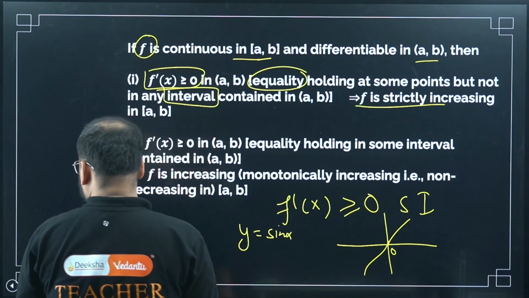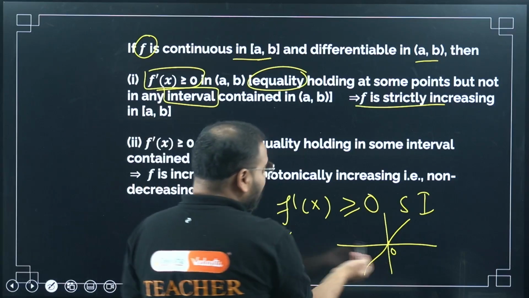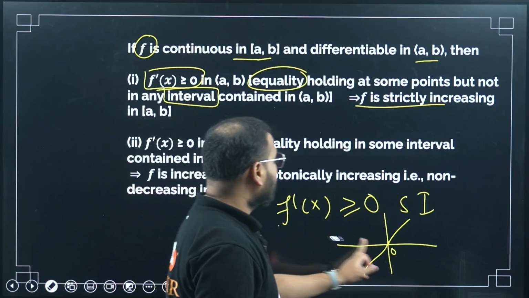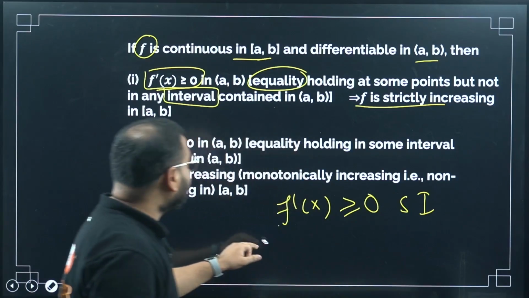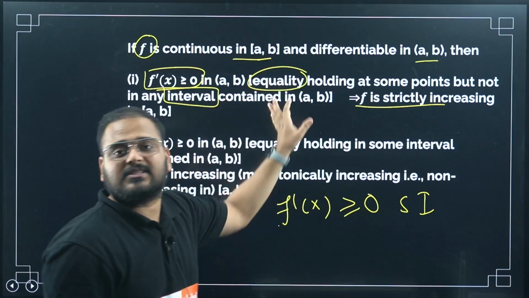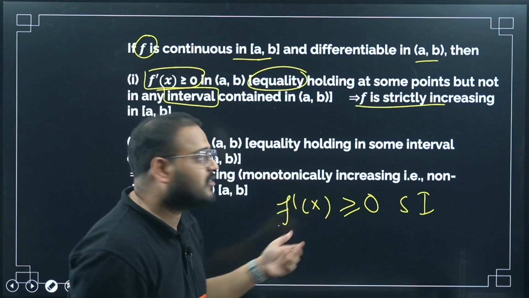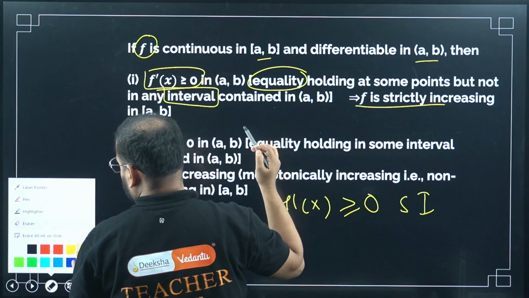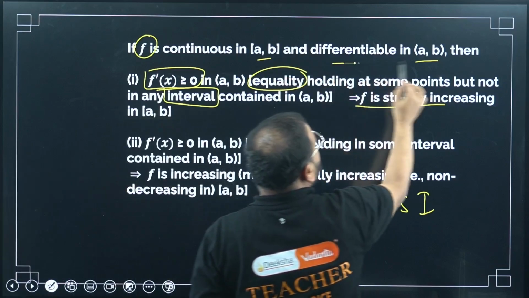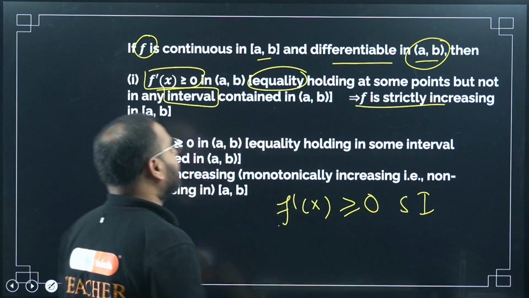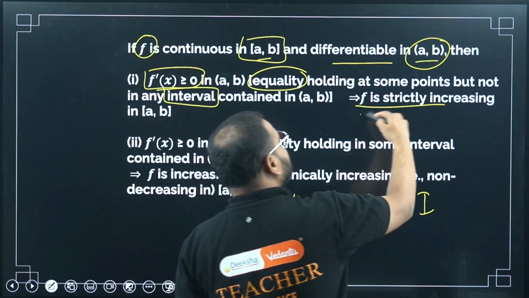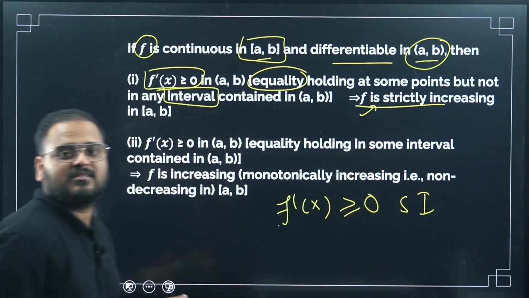It is 0, sir. So even at one point it is coming as 0, but it should not be 0 in an interval. Meaning if equality is present at one point, that condition will still be valid, provided differentiability is in AB and continuity is in the closed interval AB. If this condition is there, I can say this function is strictly increasing.